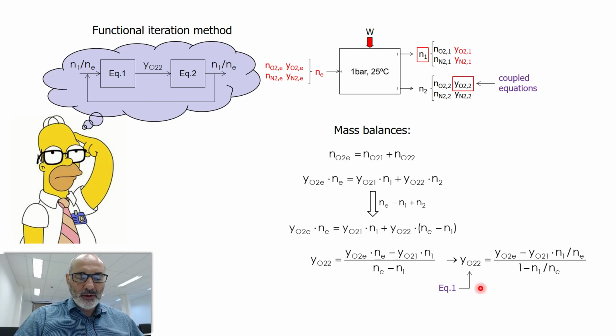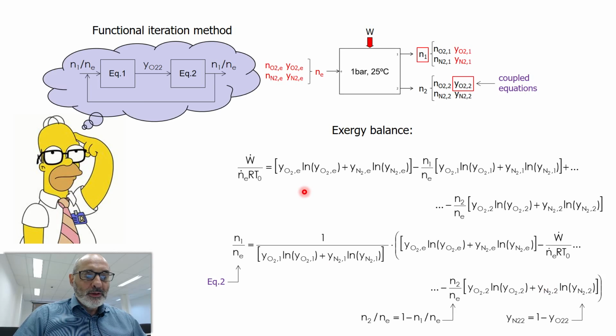So I'm going back to show you equation 1. We're going to estimate how much of the input flow rate I'm going to recover at exit number 1. So 70%, 60%, 50%, I'm going to estimate this number.